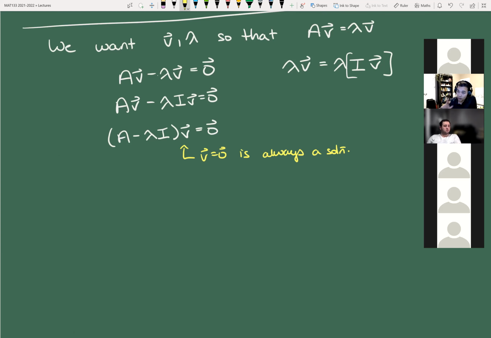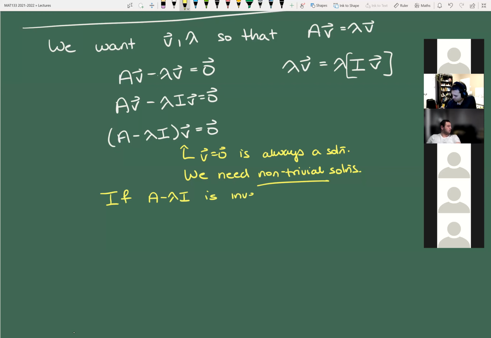What we need though is non-trivial solutions, right? Because eigenvectors are not allowed to be the 0 vector. So we need non-trivial solutions though, right? This is a homogeneous system. If A minus lambda I is invertible, then there are only trivial solutions.